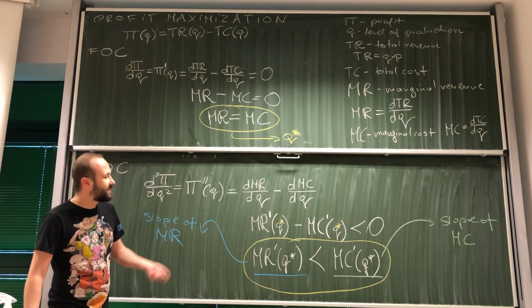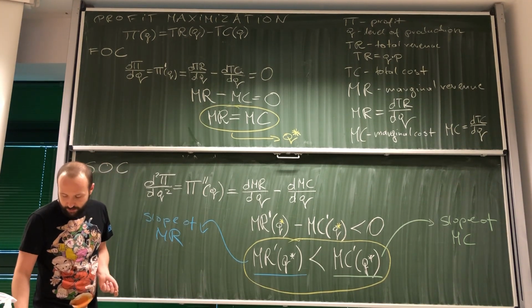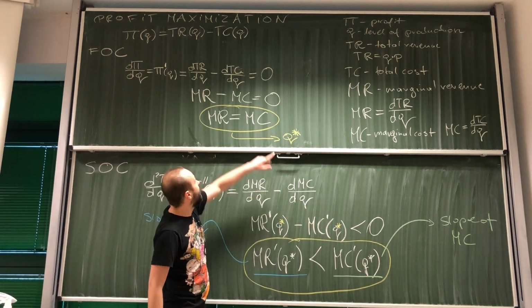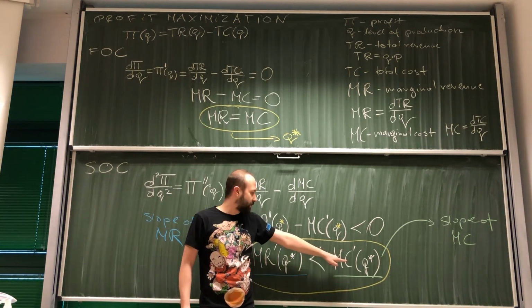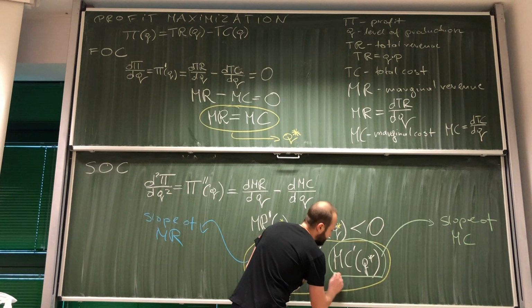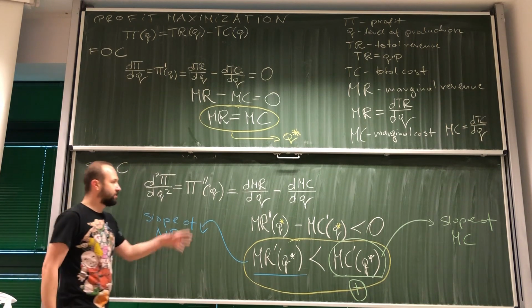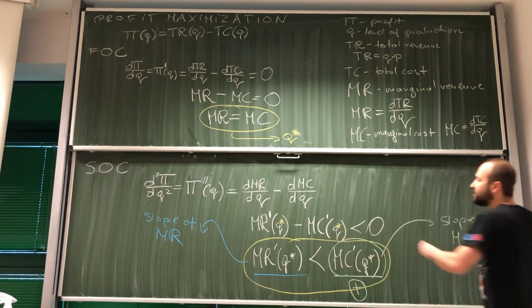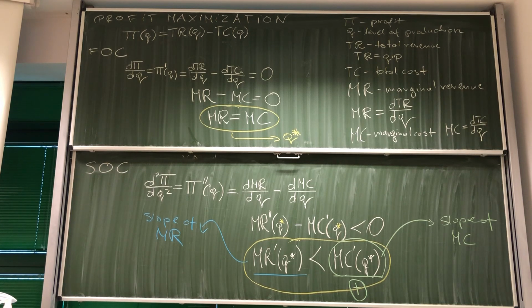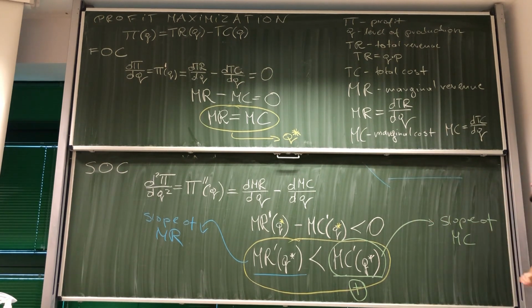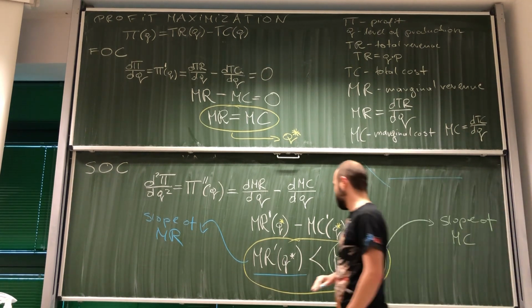Marginal cost is an increasing function. What does it mean? If marginal cost is increasing, then the slope of the marginal cost function is going to be positive. On the other hand, in the case of marginal revenue, when we have, of course, well-behaved demand, marginal revenue is either a decreasing function, or in a special case, it can be a flat function.